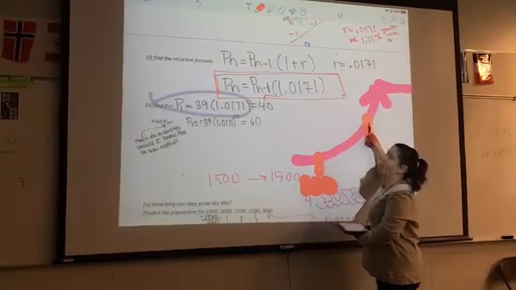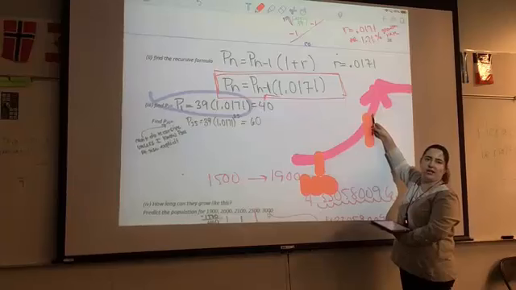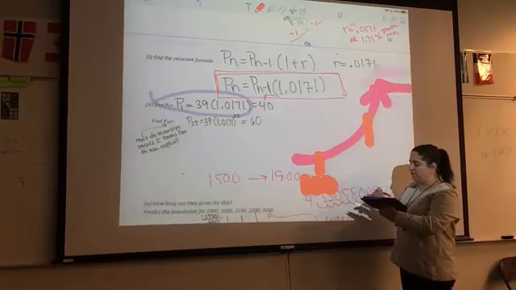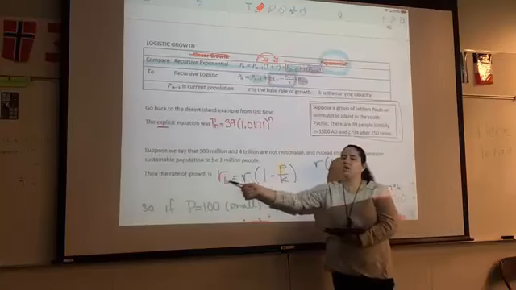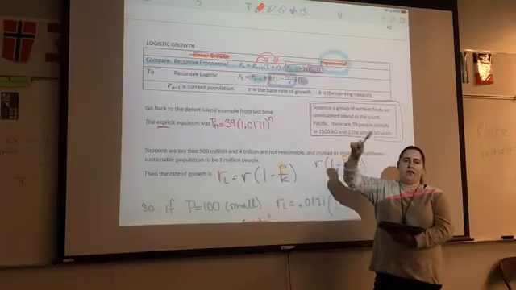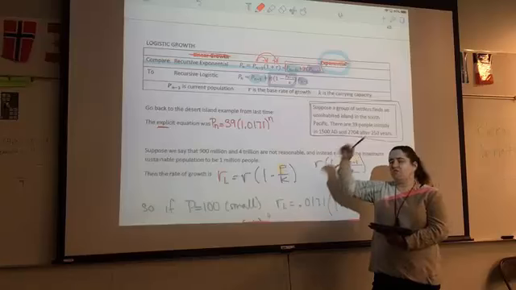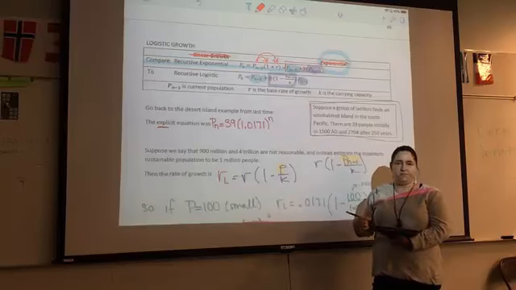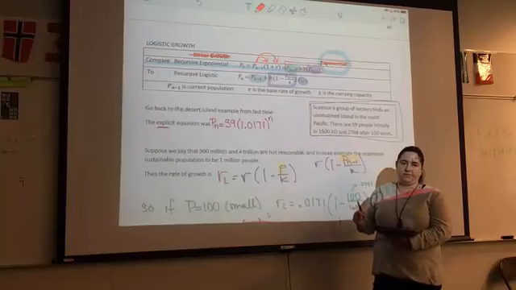Maybe it's only growing at 1% a year because we're starting to max out the resources on the island. So what the formula is right here is just what's the rate at a specific point along that graph. And the closer we get to the carrying capacity, the lower the rate. Does that make sense?